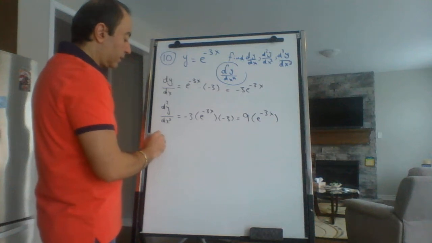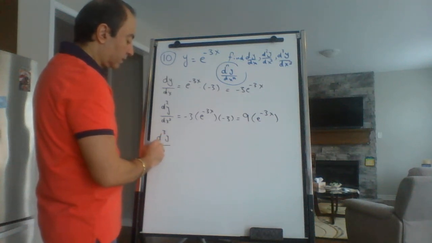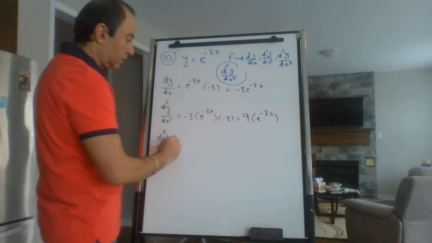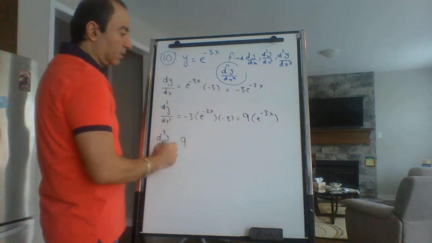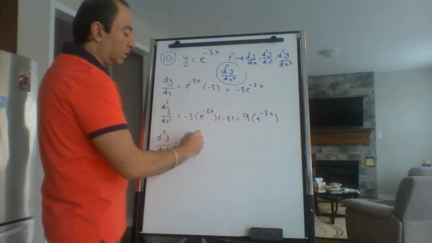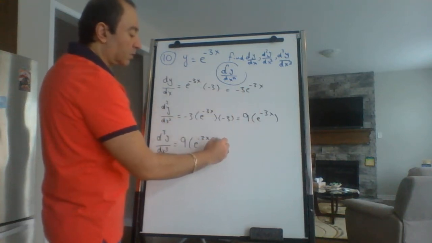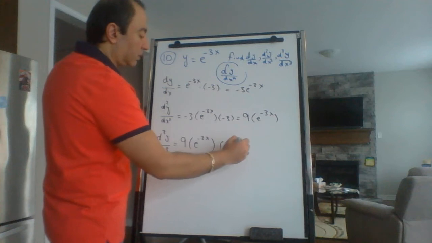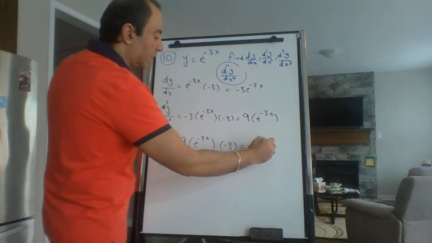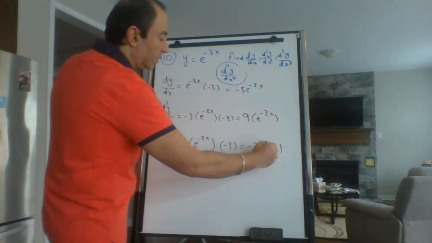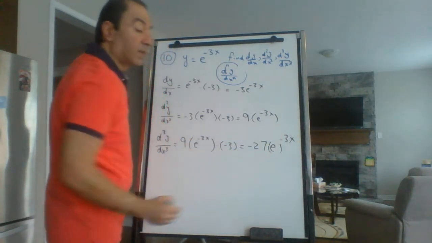Then the third derivative will be the 9 outside, and e to the power of negative 3x times the derivative of negative 3x, which is negative 3, and that will be negative 27 e to the power of negative 3x.